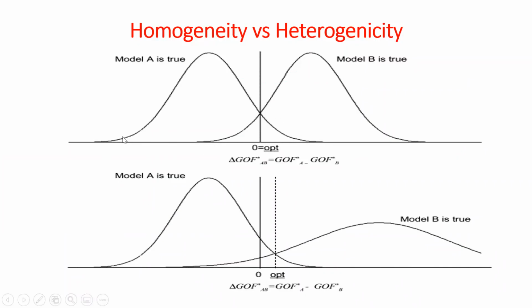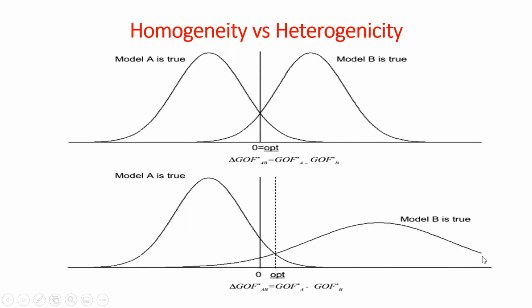See, the variance from here to here and here to here is equal. And that is what you mean by homogeneity. There are 2 sets of data, but the variance from here to here and from here to here is equal. Understood? Whereas heterogeneity means, see, there are 2 sets of data, and in this one, here to here is not equal to here to here.